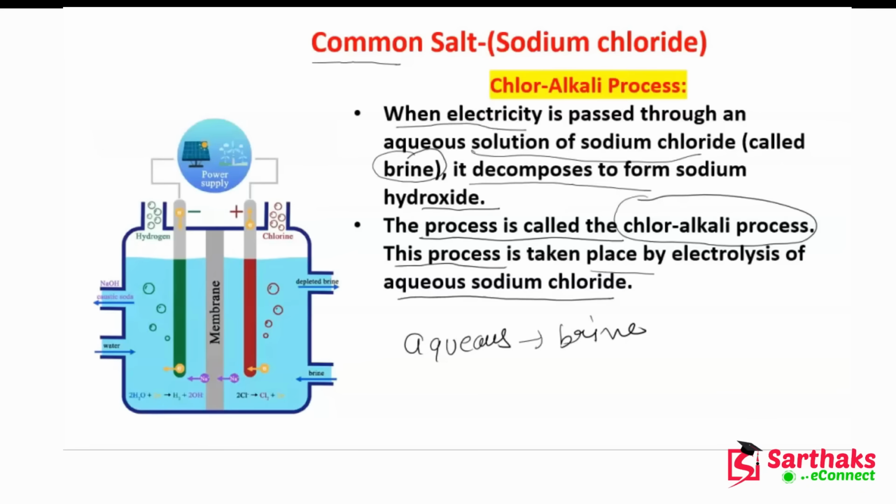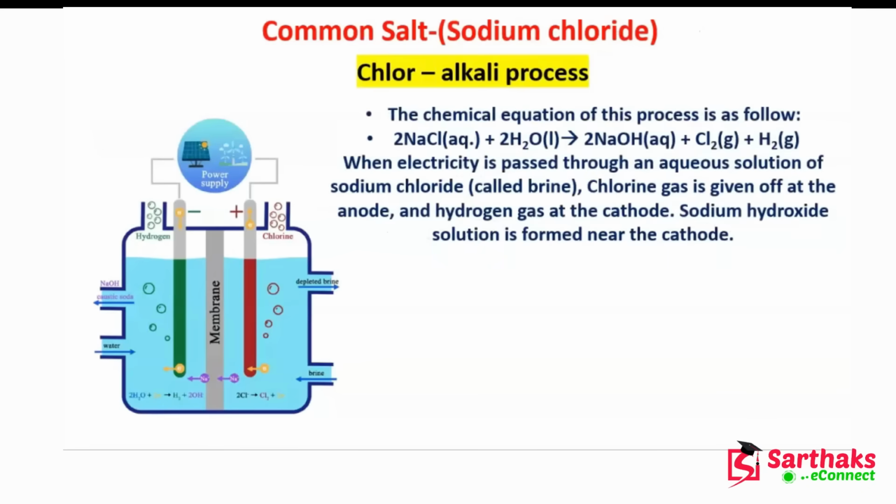Now let's move on to the next slide and see the reaction. Here you can see that sodium hydroxide, chlorine, and hydrogen gas are formed. These three are the products of this process.